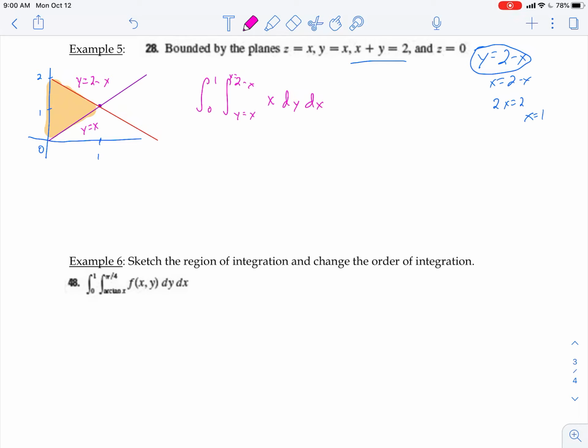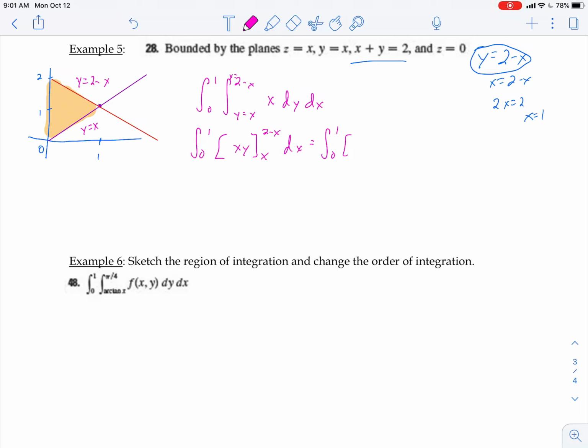And now we're going to go ahead and integrate. So we're going from 0 to 1, and we integrate with respect to y, just xy, x, 2 minus x, dx. Clean that up, 0 to 1.